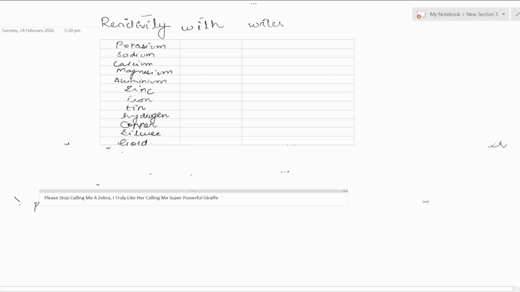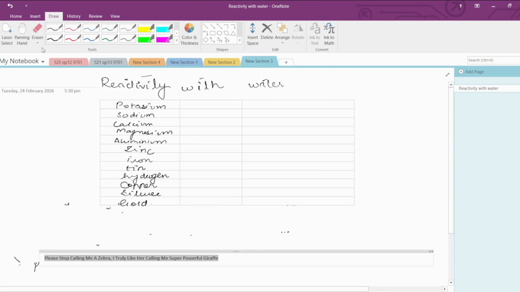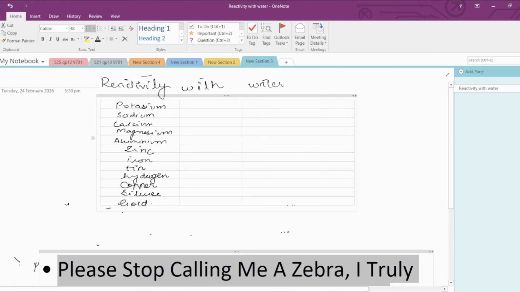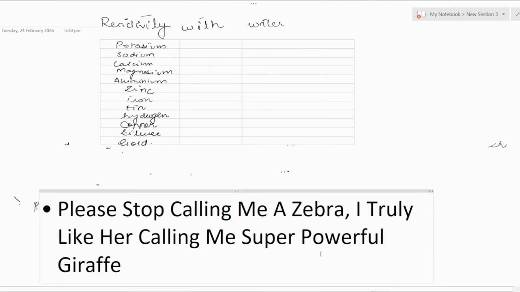And when we move to the inert metals, these are silver and copper. What is meant by inert metals? They do not usually react easily with other elements. Okay, so this is your reactivity series.